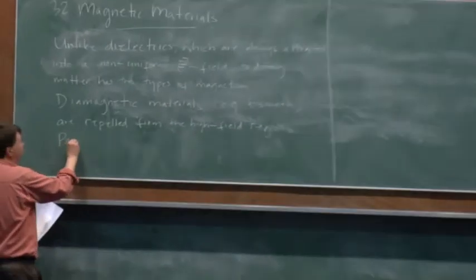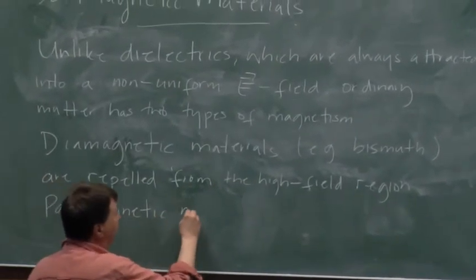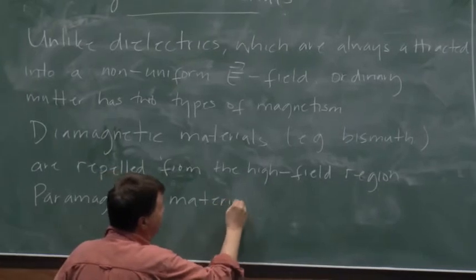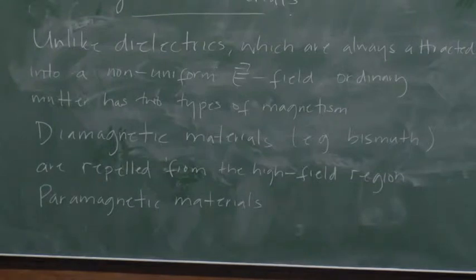Paramagnetic materials, we'll see, aluminium has an odd number of electrons and has, if you like, an unpaired electron in the ground state.